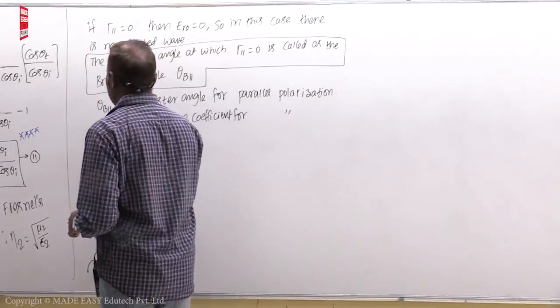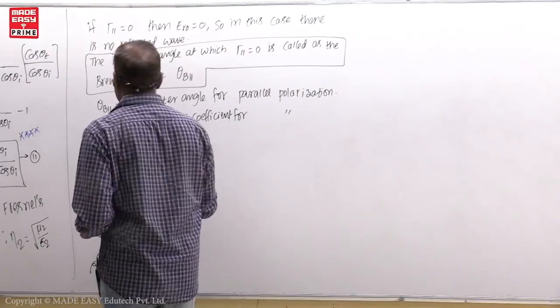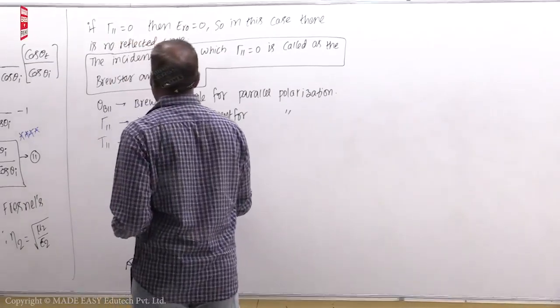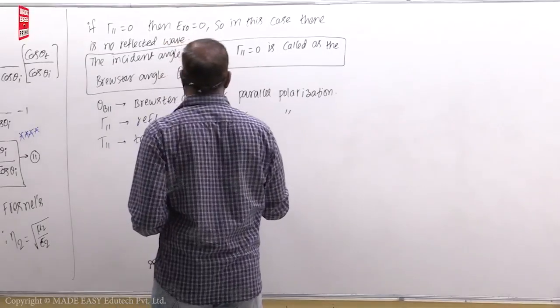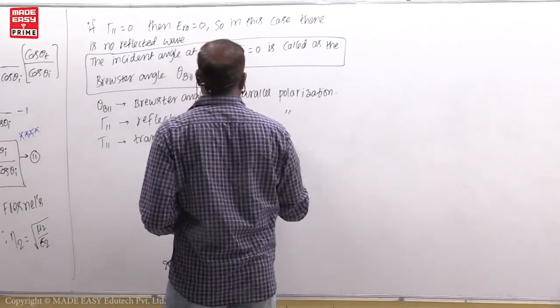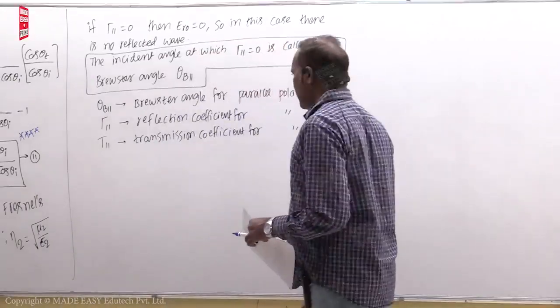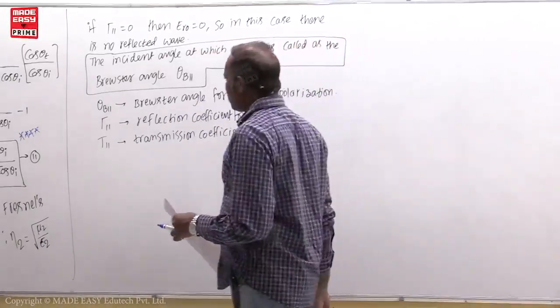Similarly, tau parallel is transmission coefficient for parallel polarization. Okay, right.